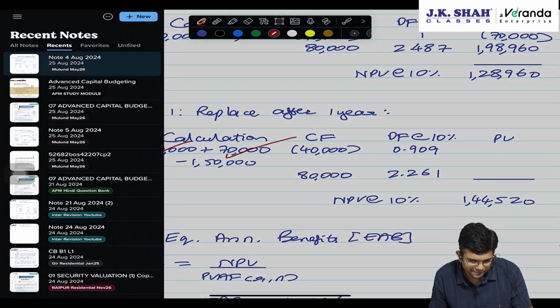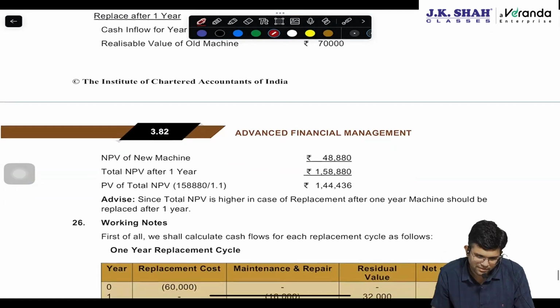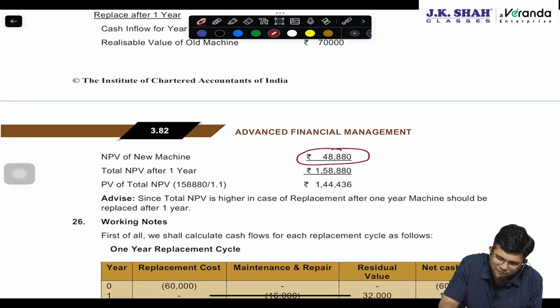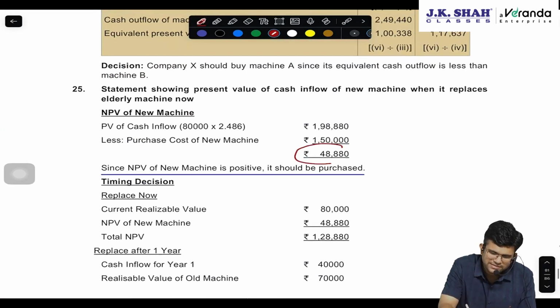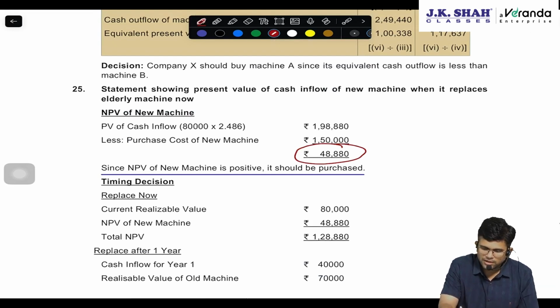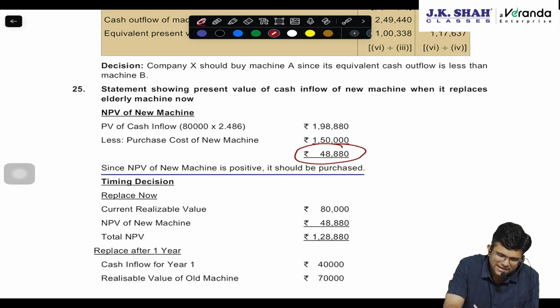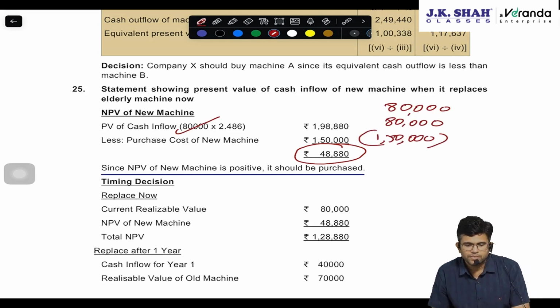And then they took NPV of the new machine, 48,880. Now this NPV of 48,880, do you realize, has 280,000s? I hope you are realizing. And 1,50,000 initial investment. Are you all there?